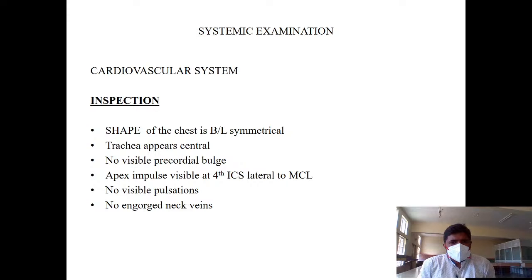Then you can look at the visible pulsations. If the child has multiple pulsations on the precordium, then it is a hyperdynamic heart. If the child has xiphisternal pulsations, then right ventricular hypertrophy is there. If there are any engorged neck veins, the possibility of superior vena cava obstruction should be considered.